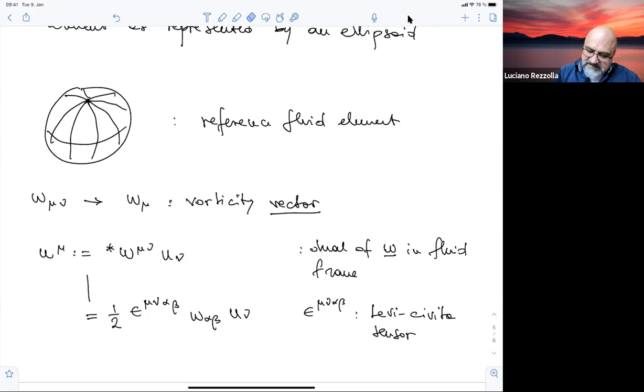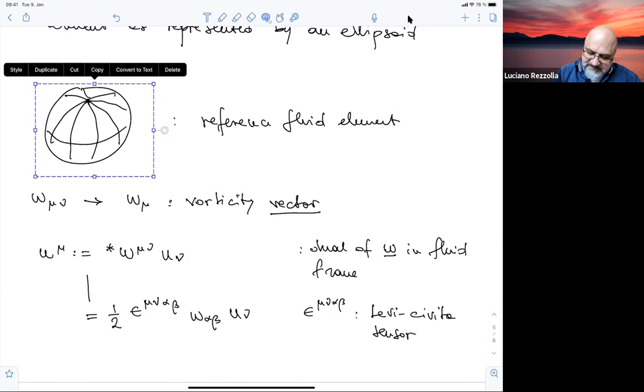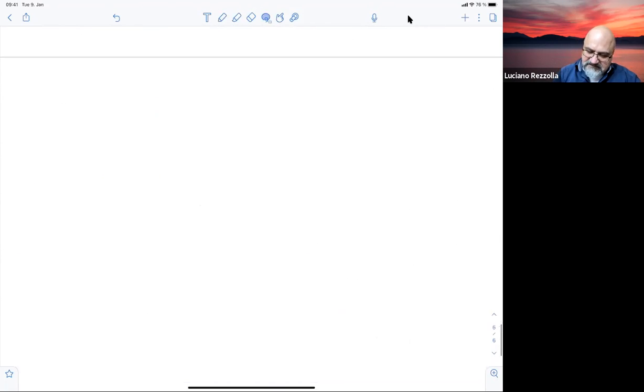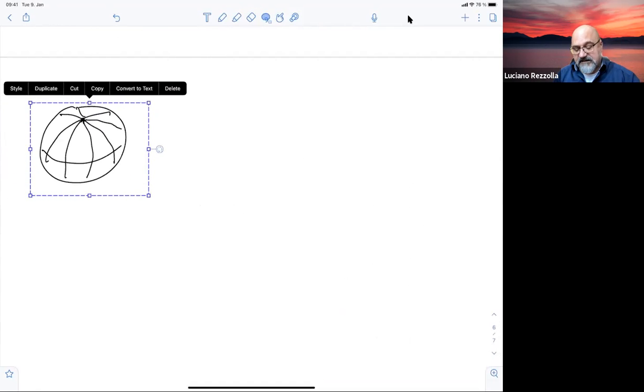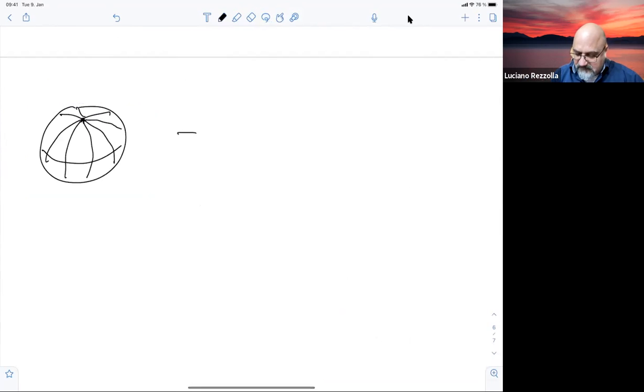So the idea is I take any of these. If I take my reference fluid element, the vorticity tensor will tell me about the possible rigid rotation of my fluid element.